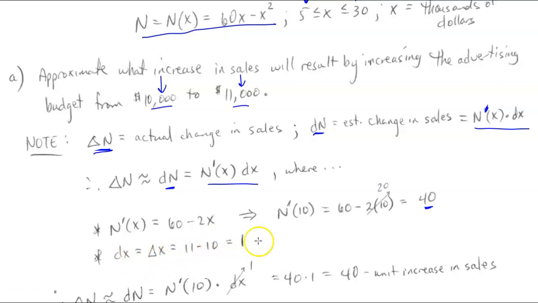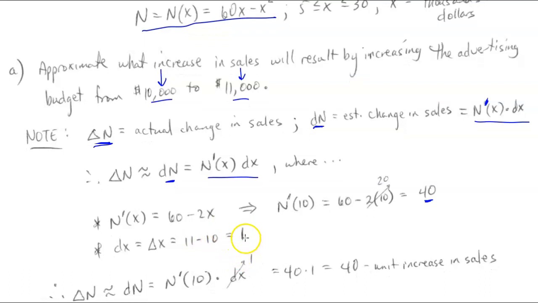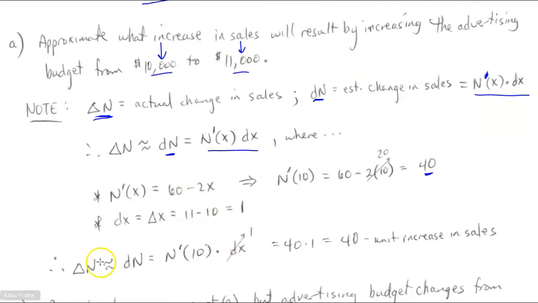So since x is defined in thousands, it's just going to be 1. And so now we plug everything into our differential formula. The dx here is just 1. We already know this is 40. And so this means that 1,000 extra dollars that we spend in advertising is going to translate to 40 more units being sold. Okay, approximately.